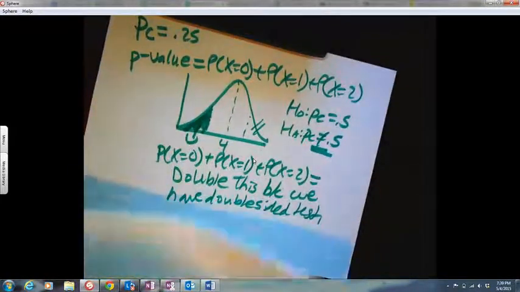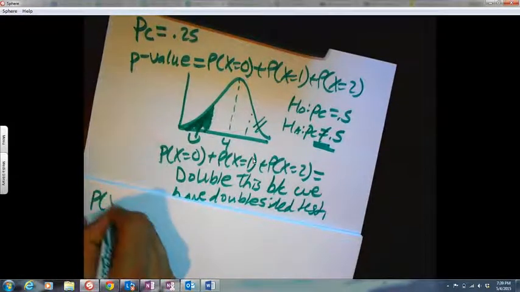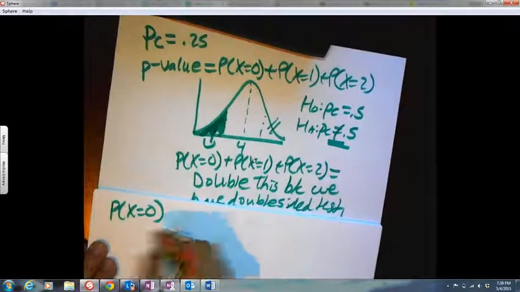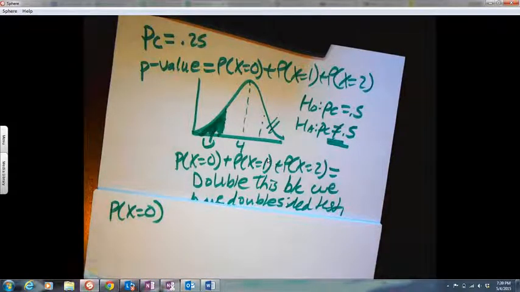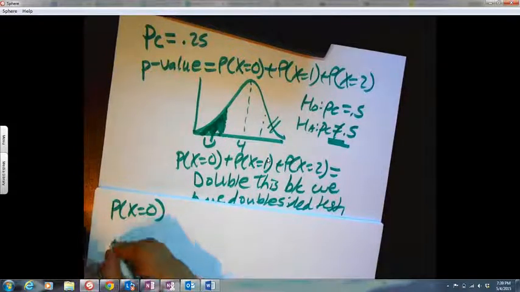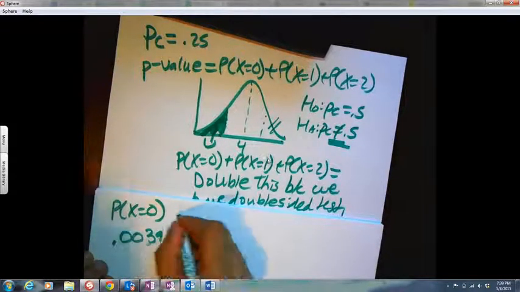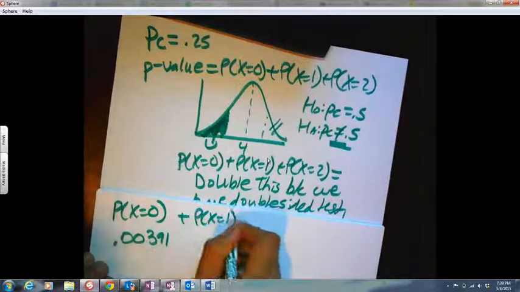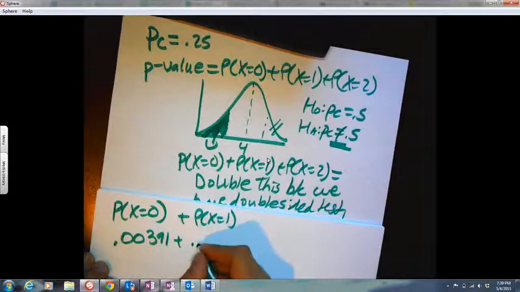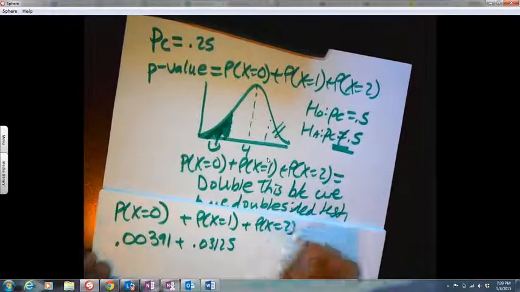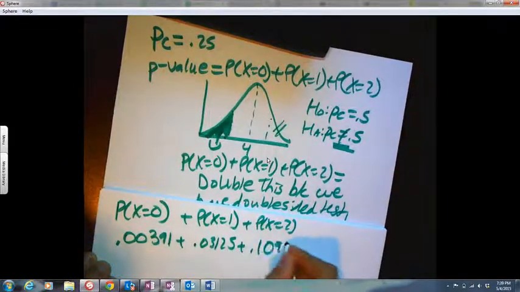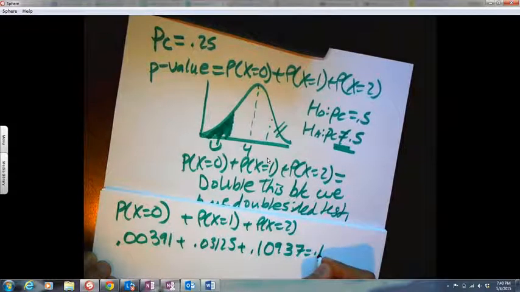So we're saying probability of x equals 0 is 0.00391 plus the probability x equals 1, which is 0.03125 plus probability x equals 2, which is 0.10937. This gives you 0.14453. Then you need to take this and actually multiply it by 2.